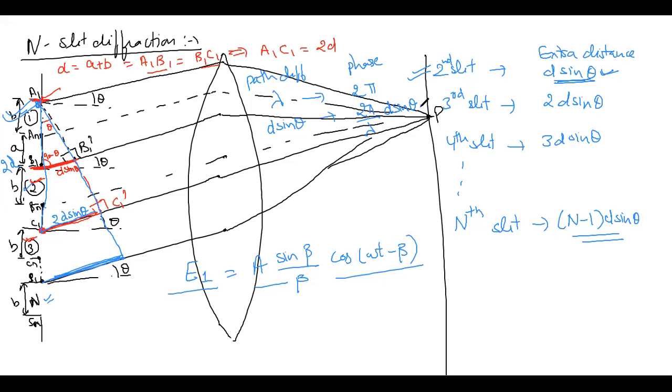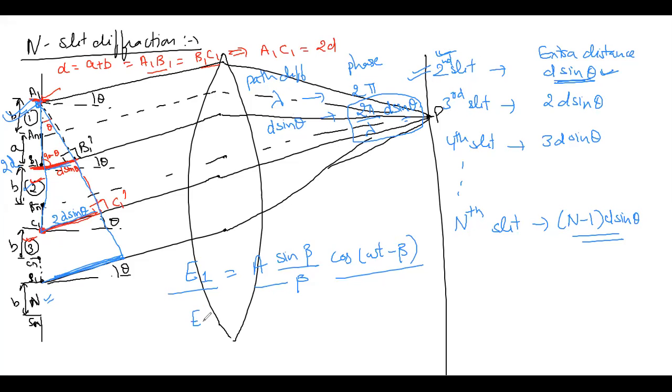So the wavelets going from the second slit are going to lag behind, because they travel the extra distance. They are not going to lead.